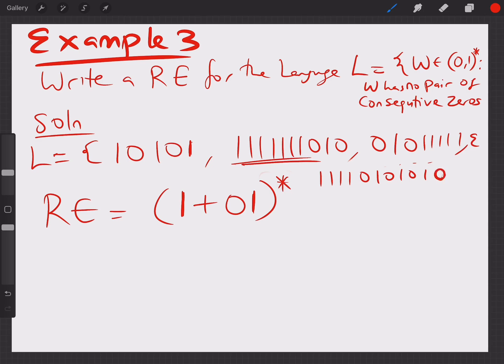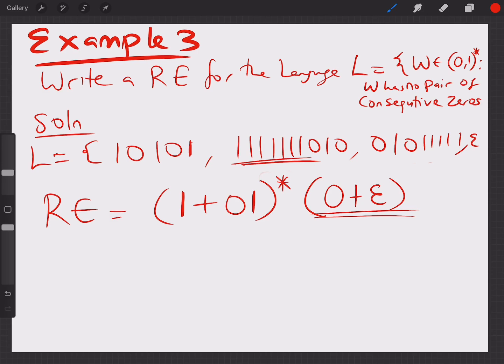So how do we address that? We will simply concatenate a 0 or empty. We are not going to do the clean closure of this. That will be wrong. We're just going to have one existing 0 because that's all we need. Look at it. We don't want a situation where the zeros are consecutive.